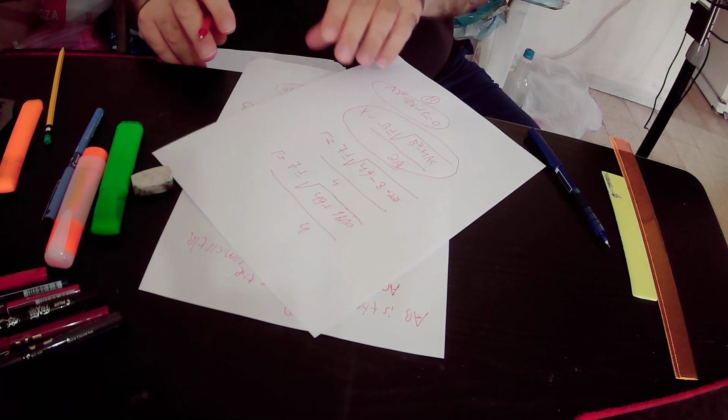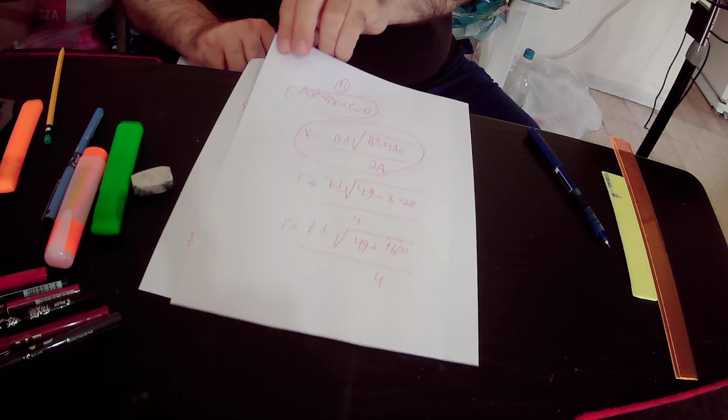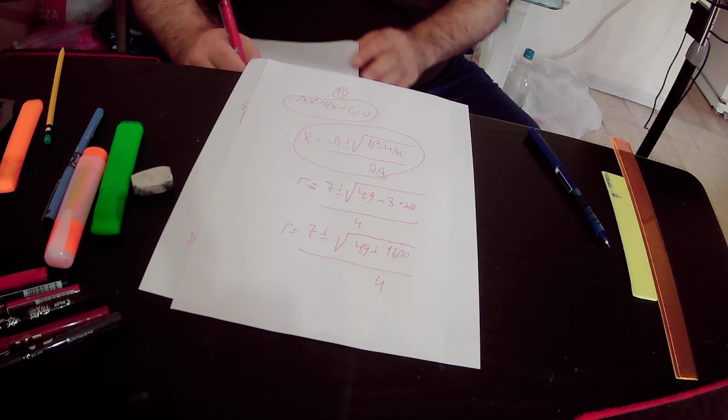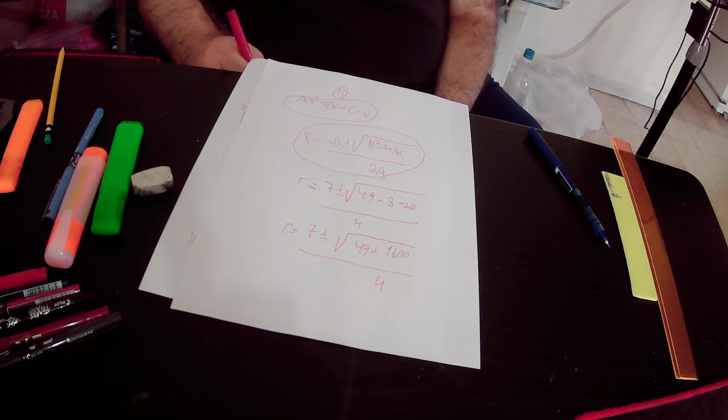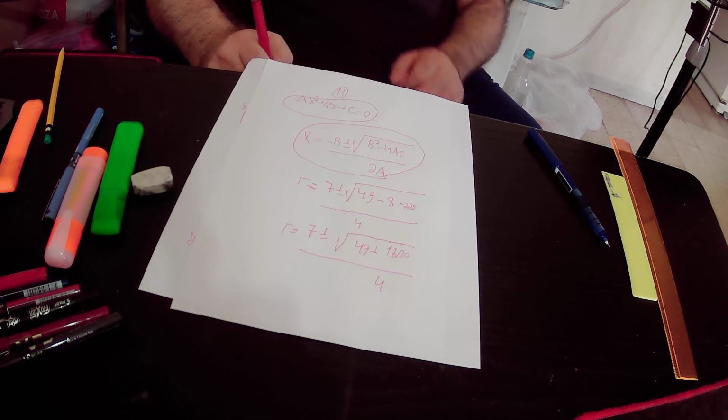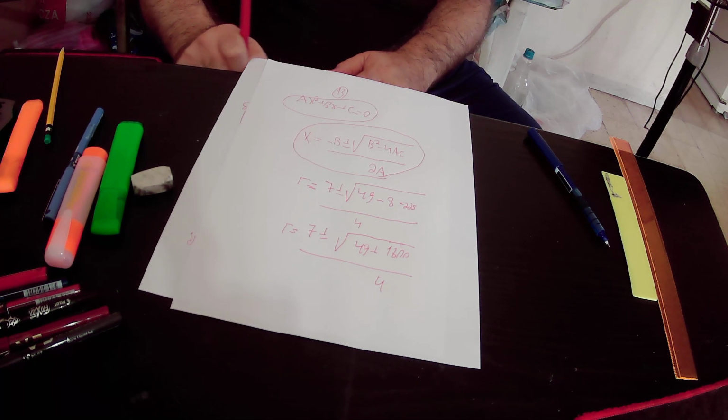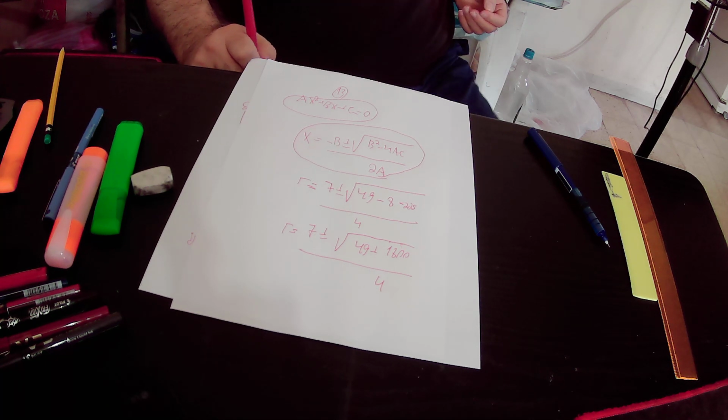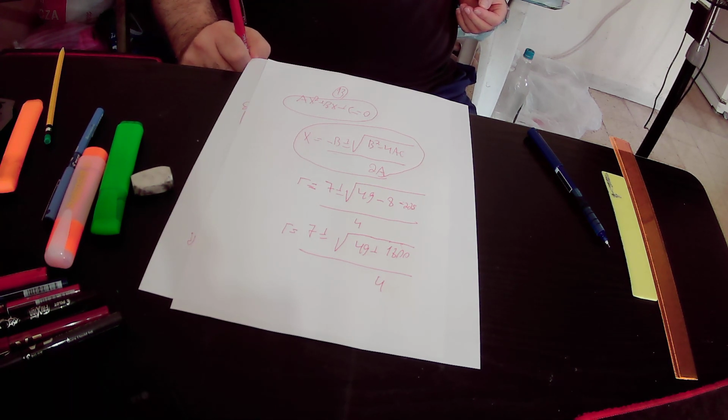Okay, so here r equals 7 plus or minus the root of 1800 plus 49, which is 1849, over 4.